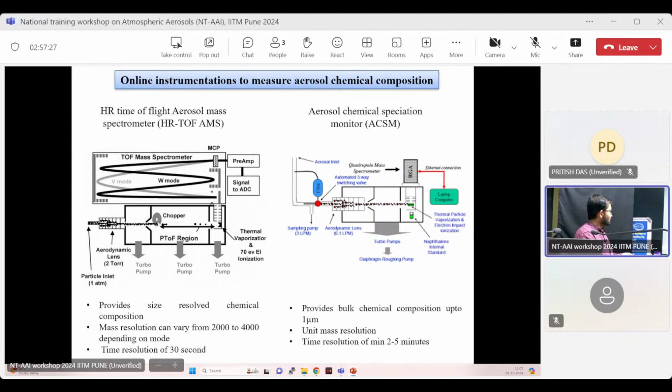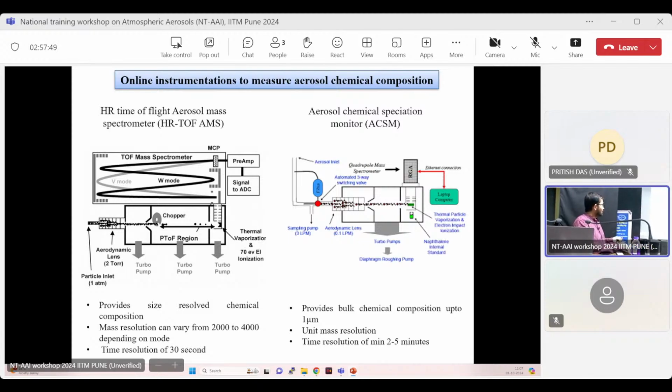It's not really size selecting; it's sending all the size particles, depending on their sizes and relative velocity, so they reach this point at different time intervals. For example, a 50 nanometer particle will travel fast, and a 100 nanometer particle will travel slow.